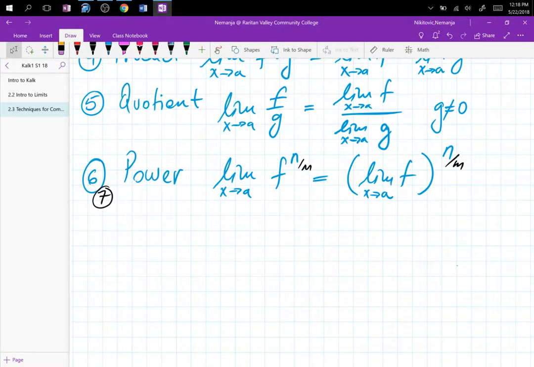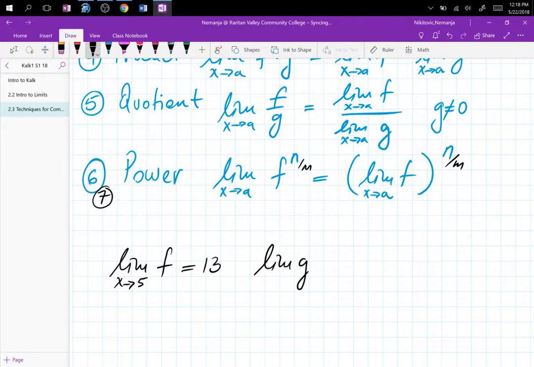What can we use it for? Well, let's say the limit of f as x goes to 5 is defined to be 13. The limit of g as x goes to 5 is -2.